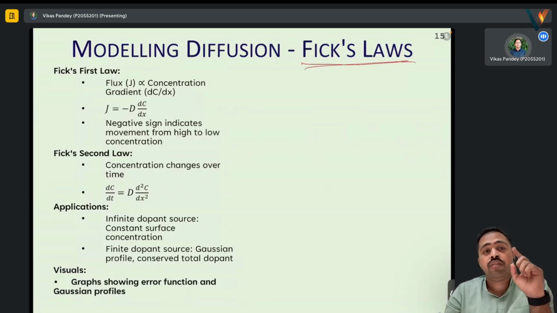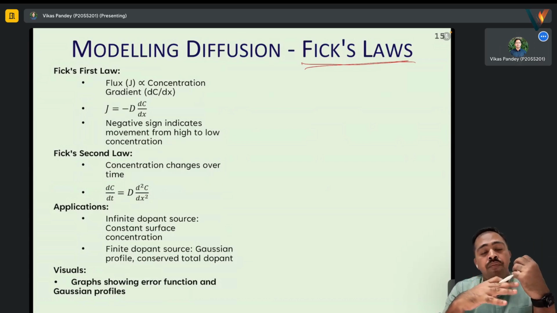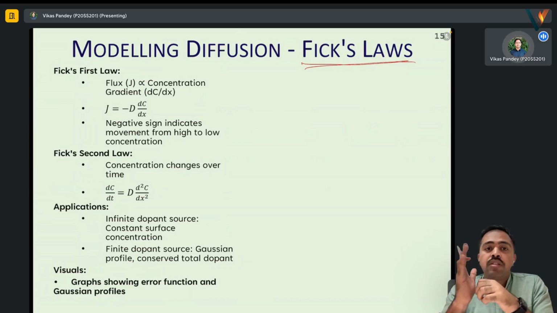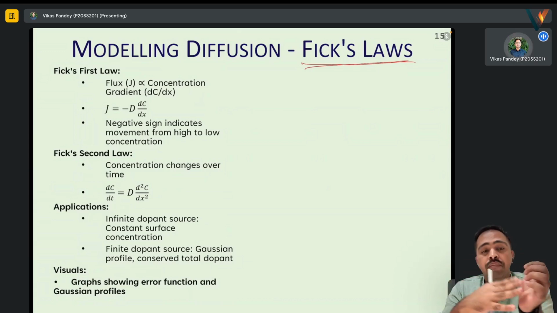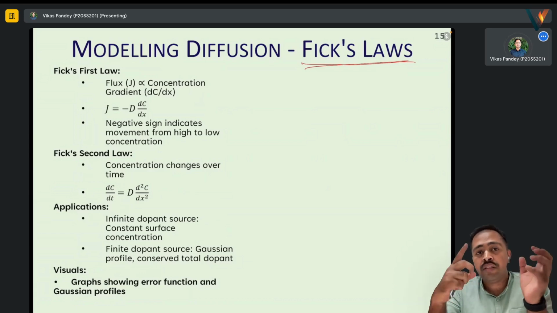One is flux is proportional to concentration gradient. That is, the amount of impurities present, the concentration of impurities, will determine the flux, or you can say the flow of these impurities.